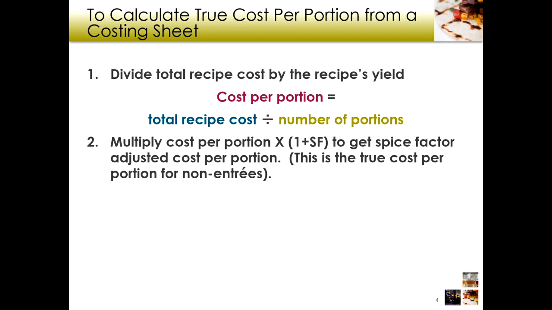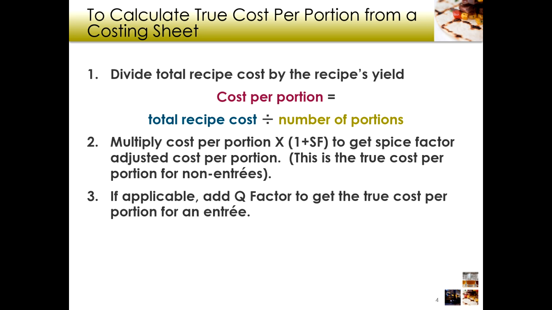Again, we could have added the spice factor before we divided by the portion. Spice factor works in those two different ways, right? Whichever one makes more sense to you, you go with that. And then if it's an entree, we're going to add on that Q factor at the end to get our final true cost proportion. Okay.